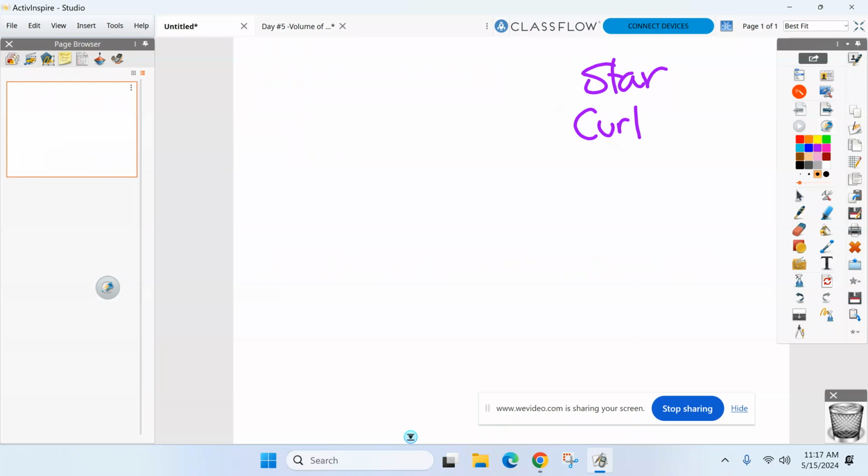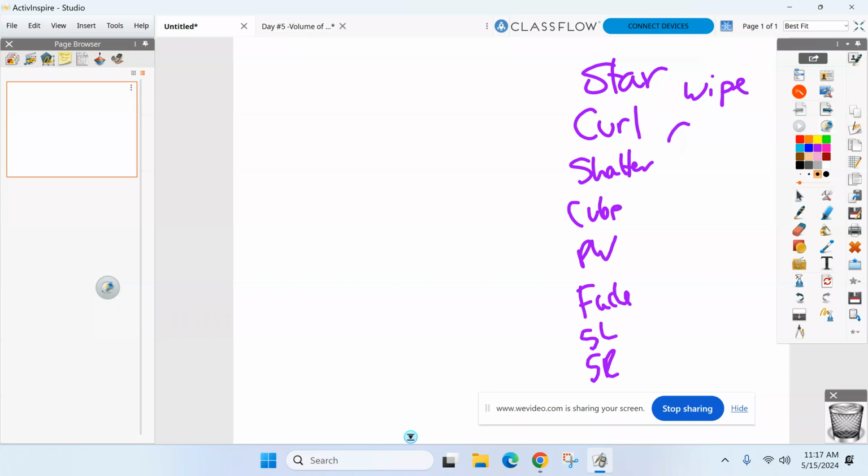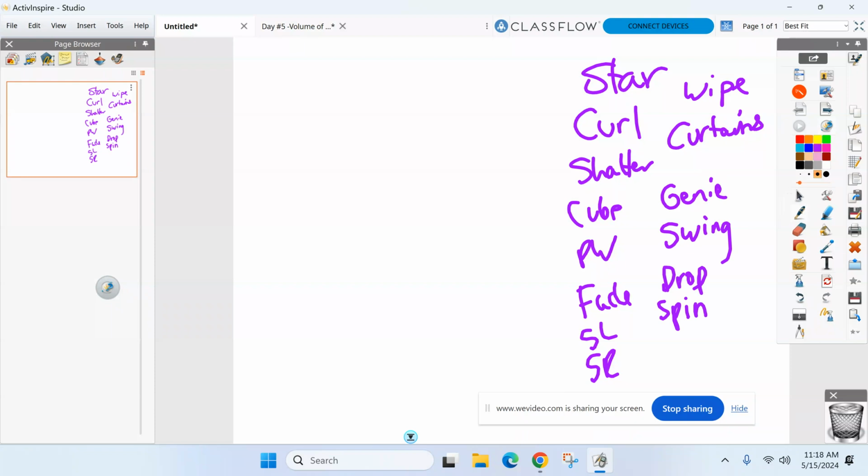Page curl. Cube. Anything else? Slide right. Slide left. Curtains. Yeah, I'm feeling curtain. Alright, curtain. Spin.